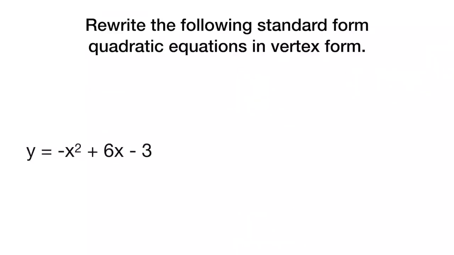Okay, let's try this. In this case, negative b, so negative 6 over 2 times negative 1, because our a is negative 1 if it says negative x squared. That means our vertex starts out at 3. At that point, I plug it in. Negative of 3 squared, well, 3 squared is 9, so that becomes negative 9.